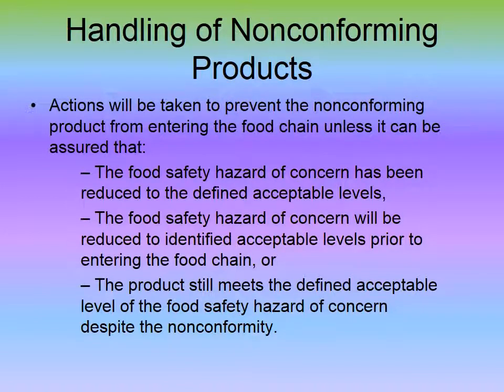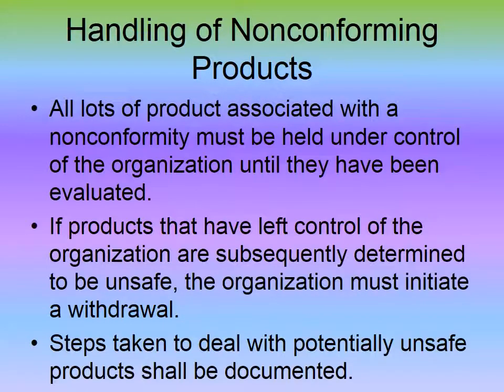Some action will be taken to prevent the non-conforming product from entering the food chain unless it can be assured that the food safety hazard of concern has been reduced to the defined acceptable level, and the product still meets the defined acceptable level of the food safety hazard of concern despite the non-conformity.